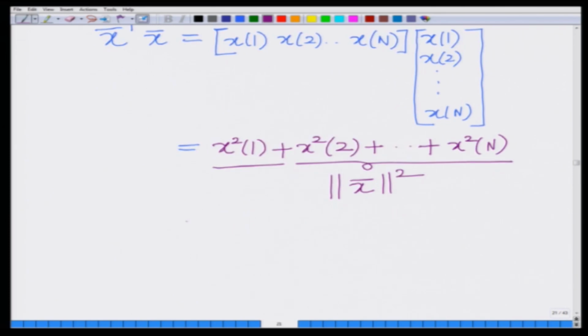This is also summation k equal to 1 to n x square of k, which is your norm of x bar square.